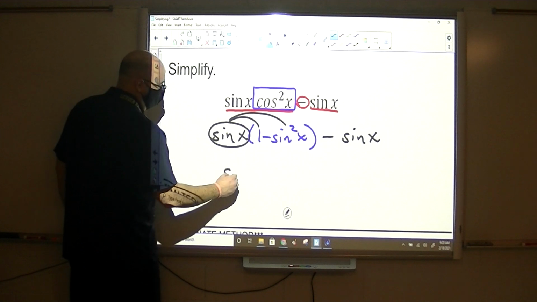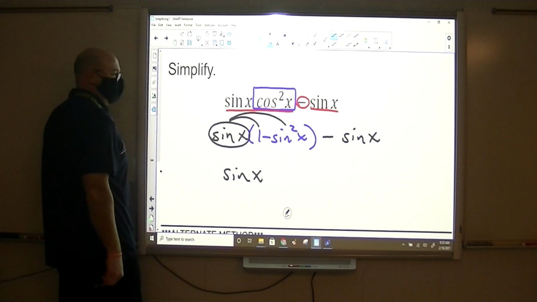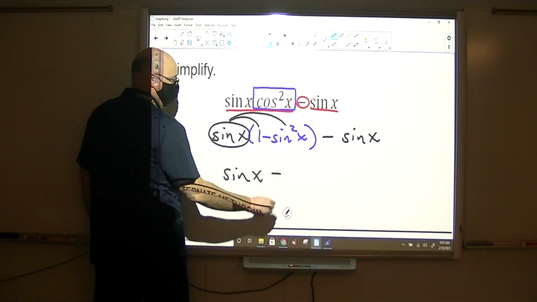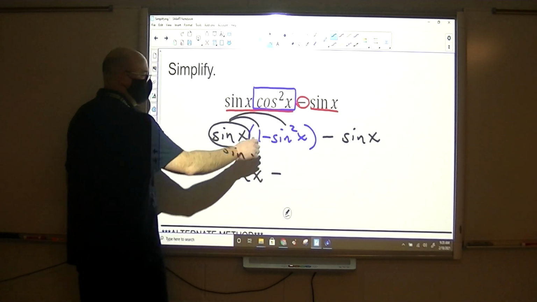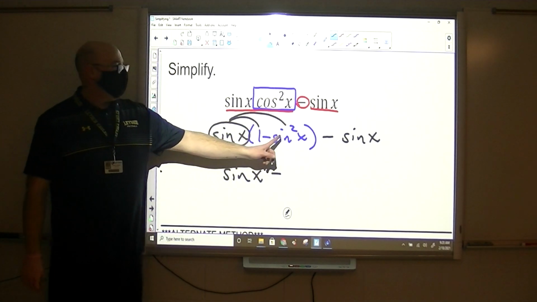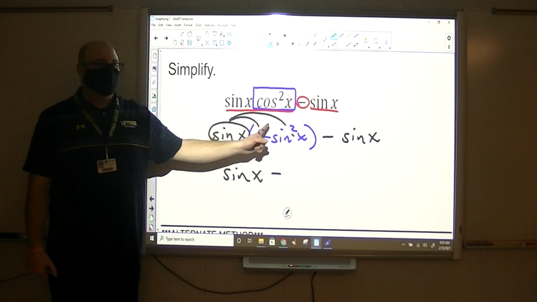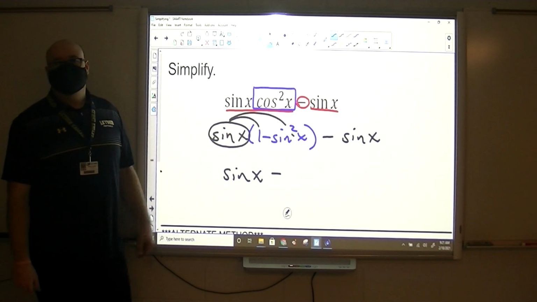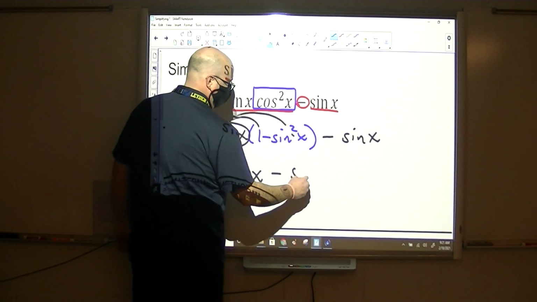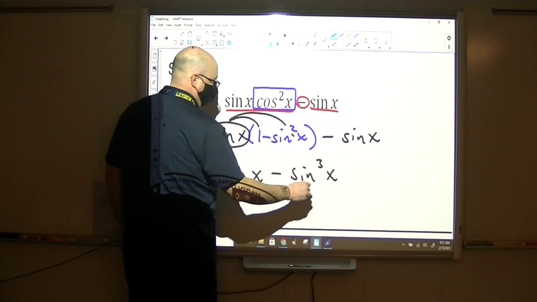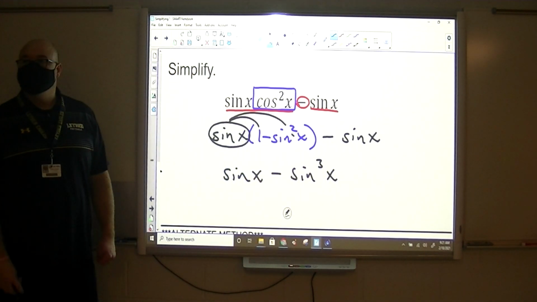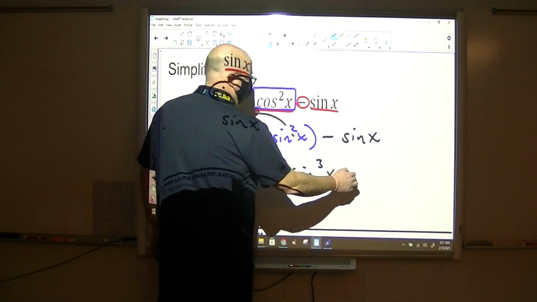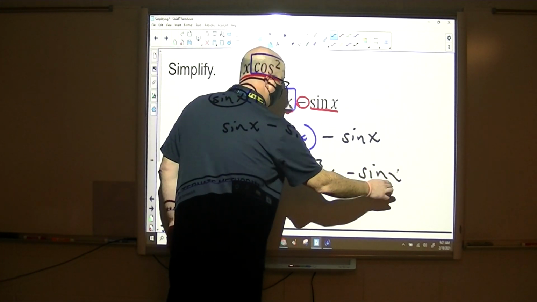And if I do that, sine x minus, now that's sine squared, and I'm multiplying sine squared times sine. So how many sines would that be? 3. Sine cubed x minus sine x.